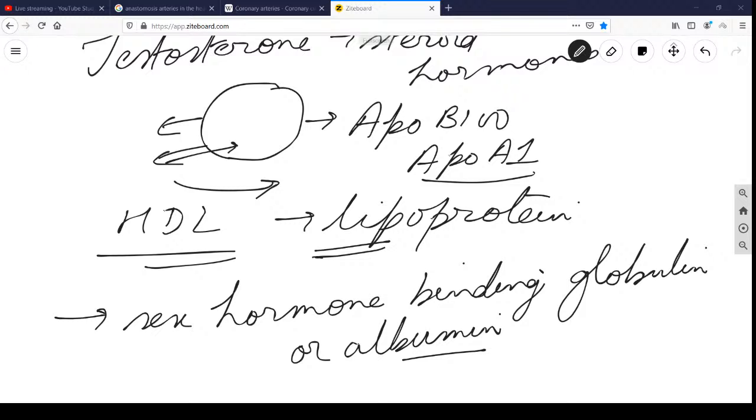So the remaining 2% is in cell permeable form, so that doesn't make that much of a difference, but 98% is bound to the proteins. This is a very specific demarcation. Always know this, same for the estrogens as well.